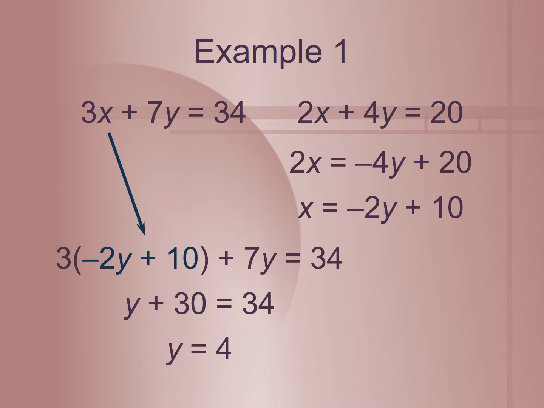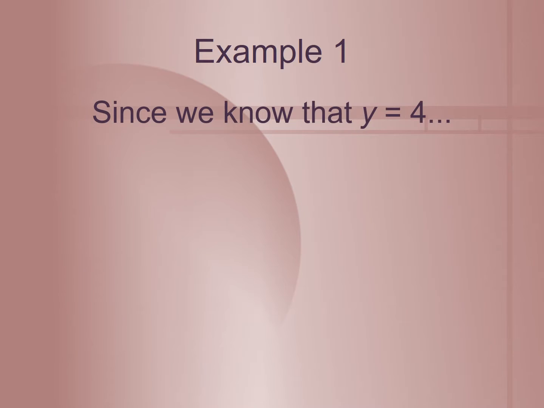Now that we know what y is equal to, we can go back and solve for x. We'll substitute the 4 for y in the expression x equals negative 2y plus 10, which means x is equal to negative 2 times 4 plus 10.